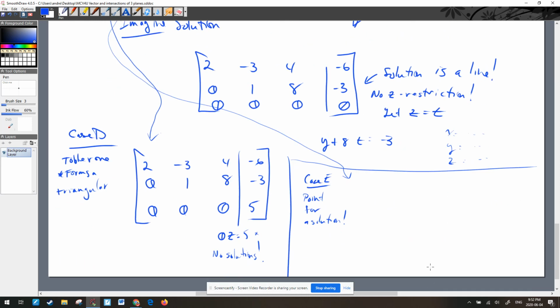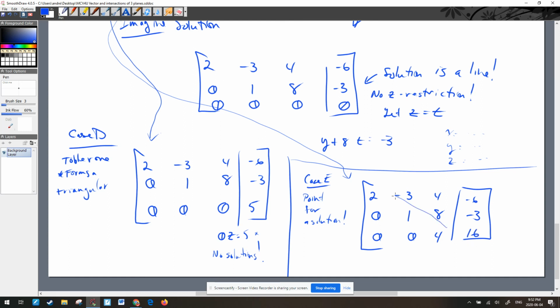And then we do the reduction. Hopefully you've got a pretty good inkling of what it looks like now. It would still be 2, -3, 4, -6, and then 0, 1, 8, -3, and then 0, 0, 4, and 16.